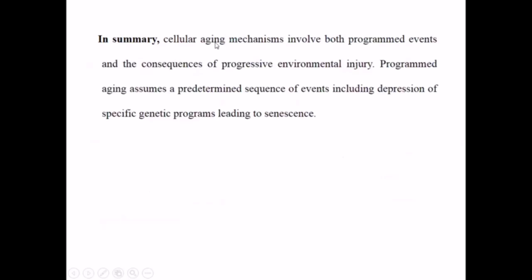In summary, the cellular aging mechanism involves both programmed events and consequences of progressive environmental injury. Programmed aging assumes a predetermined sequence of events, including depression of specific genetic programs leading to senescence, or aging.